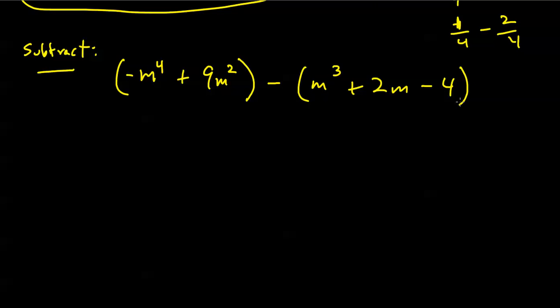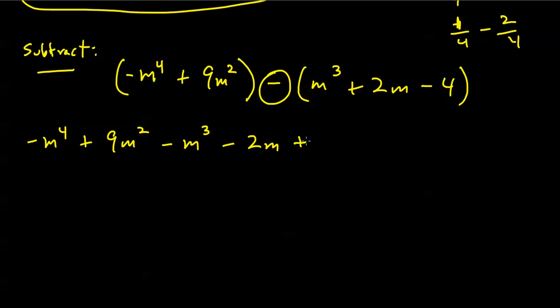Alright, again as a first step, I'll rewrite the first polynomial without parentheses, nothing really going on outside of those parentheses, so they're somewhat redundant. Remember, when you're subtracting a polynomial, to drop the parentheses, to free up those variables to combine, you've got to carry that negative sign through. So I get negative m cubed minus 2m, and minus a minus is plus 4.